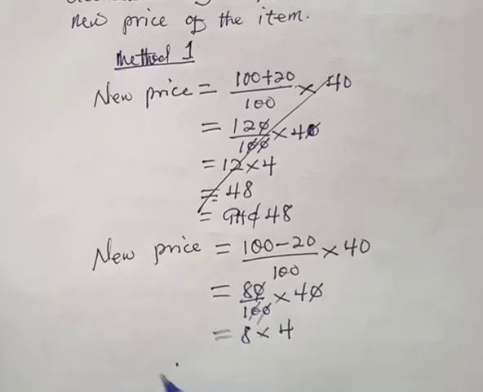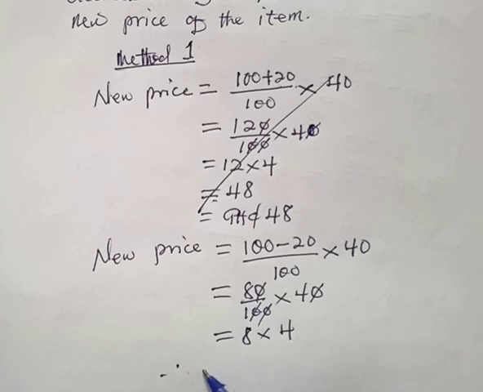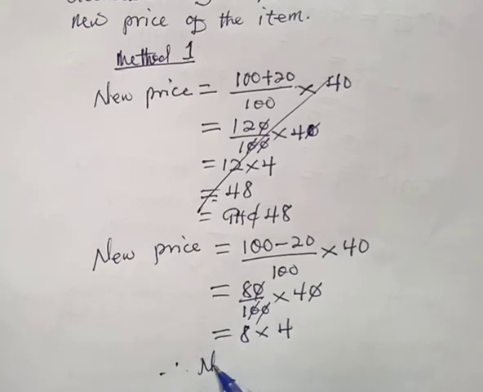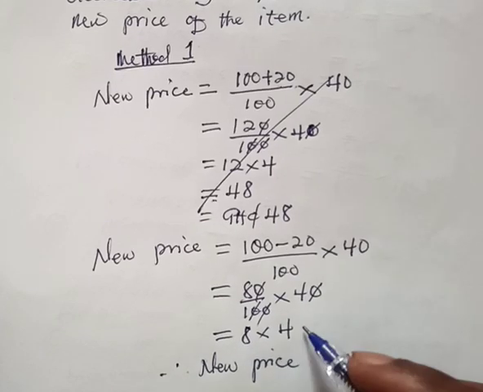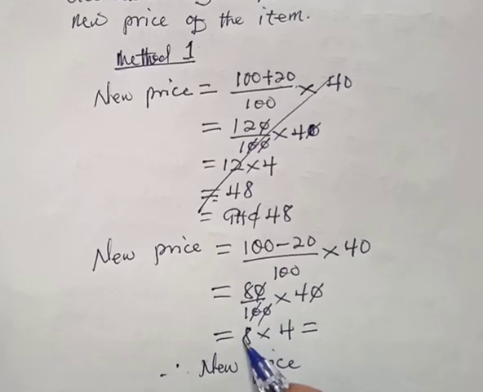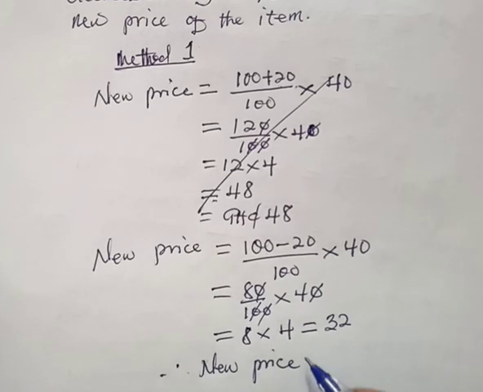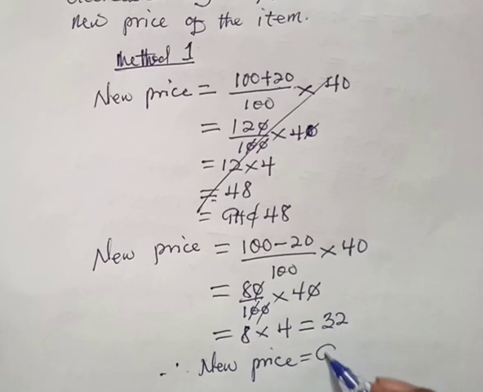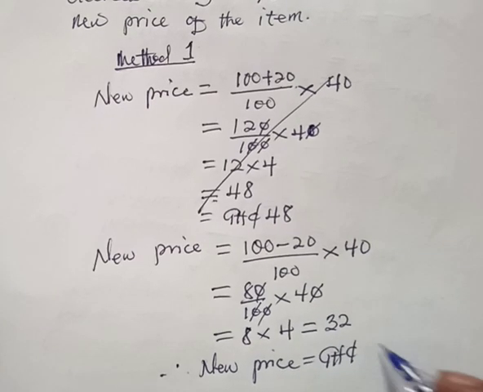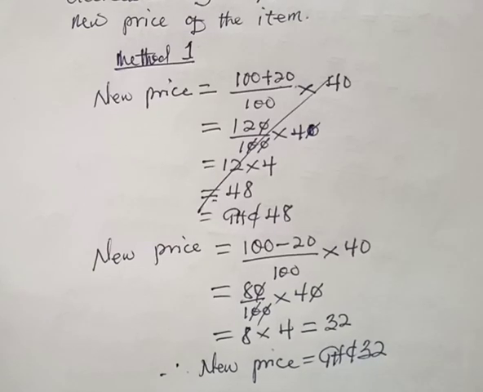If that is the case, what will be my new price? My new price is equal to what? What is 8 times 4? 8 times 4 gives me 32. It means that my new price is going to be 32 Ghana cedis.